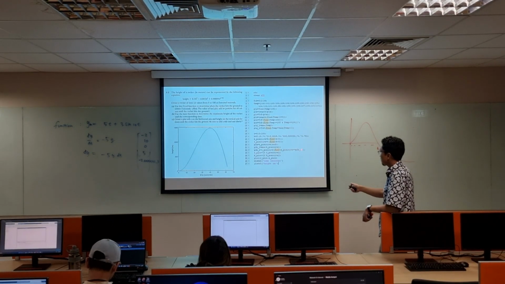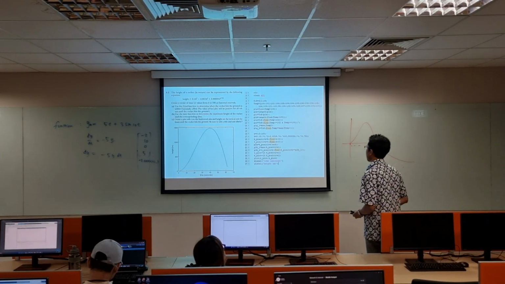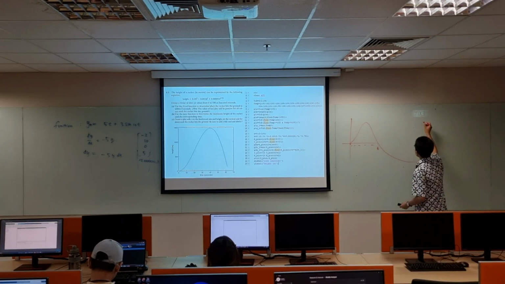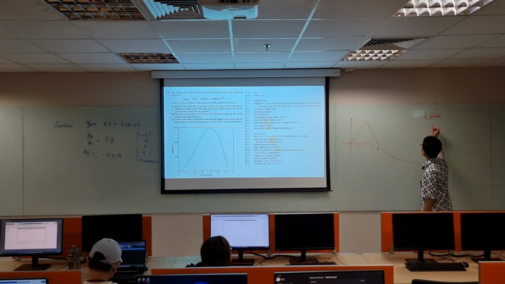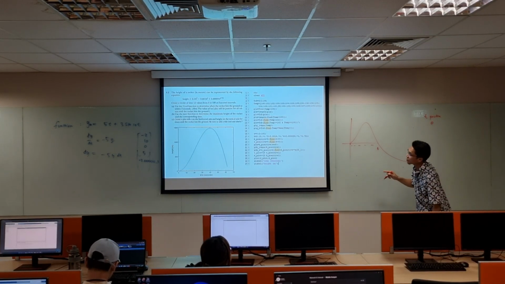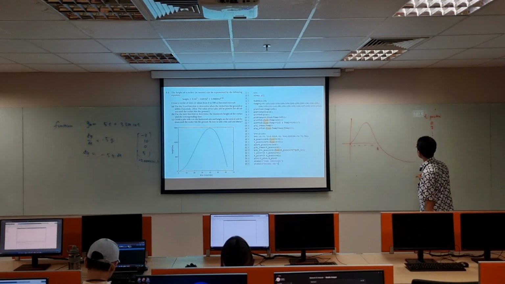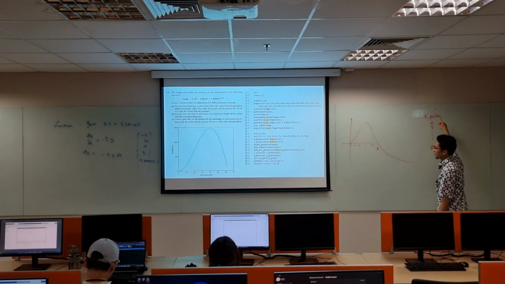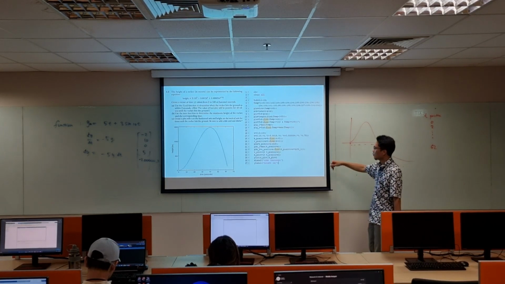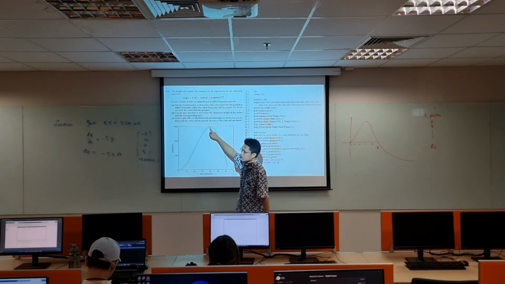After I get the index using find, I want to get the time, so I'm using the T positive. My T positive consists of 0, 2 seconds, up to I think 62. Then I want to find out the index where the H is at maximum.